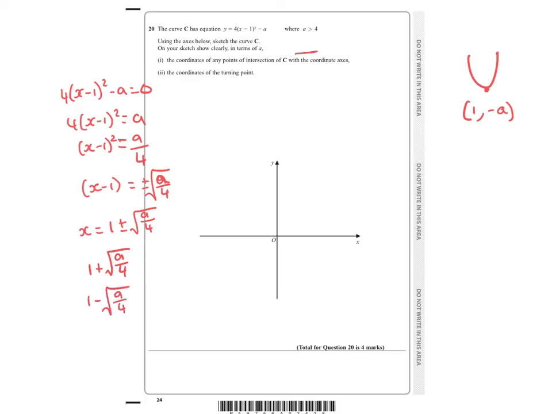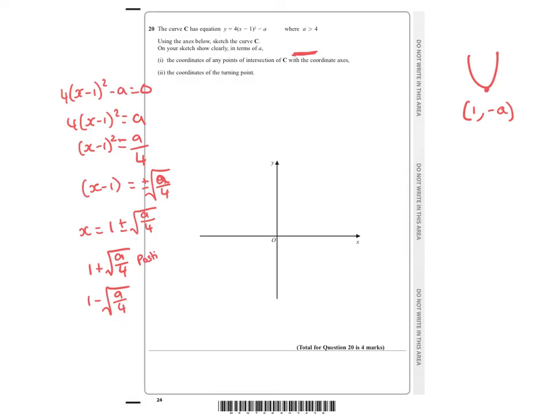Now, a is greater than 4. So for example, let's choose a equals 5. If we put 5 in here, we're going to get 1 plus root 5 over 4. If you were to just put the square root of 5 over 4 into your calculator, just to visualise what's going on, you're going to get 1.1.